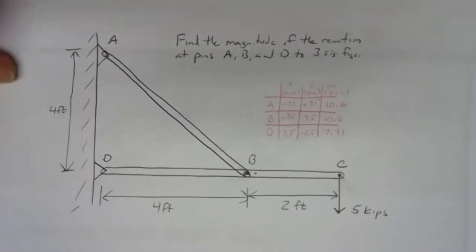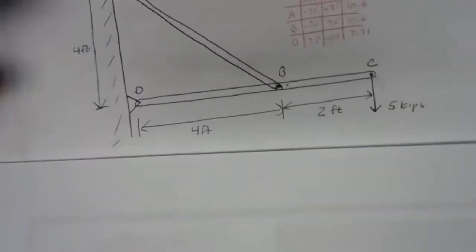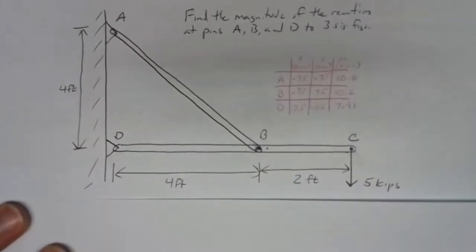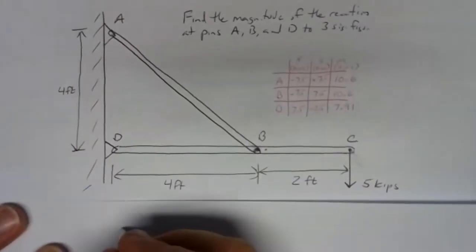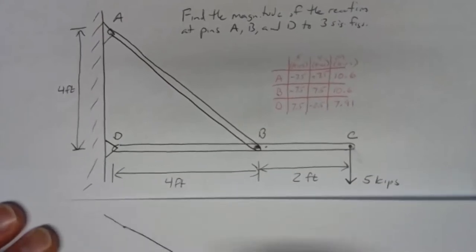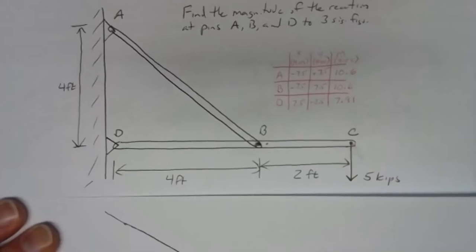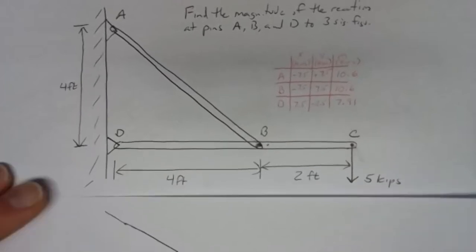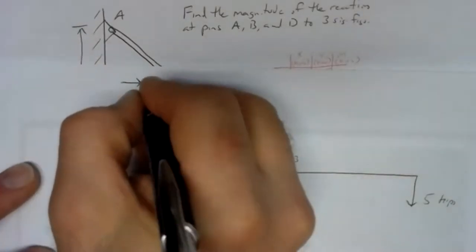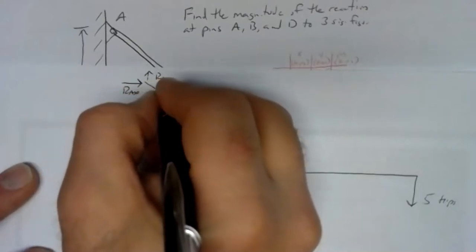So let's do the free body diagram first, and I'll switch to a sort of line drawing for that instead of the thicker pieces I've drawn here. So we've got a slanted member, we've got this horizontal member. We've got 5 kips of force down there. We've got reactions at A, and since it's a pinned support, I'm going to call that RAX and RAY.